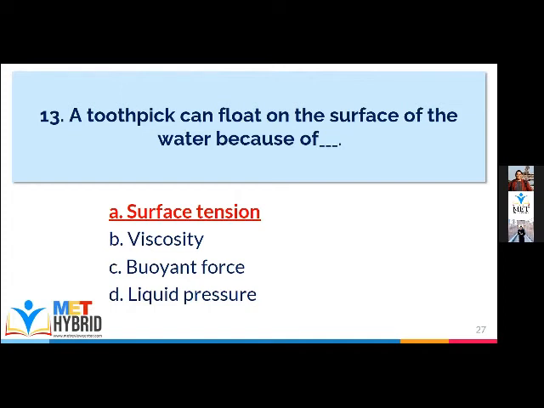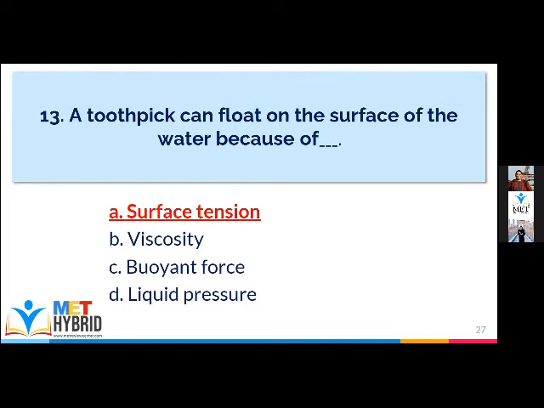So the difference is this: when you have small things, for instance leaves, paper clips, in this case a toothpick, the main cause of them floating on your water is surface tension, brought about by the cohesive property of water, cohesion.